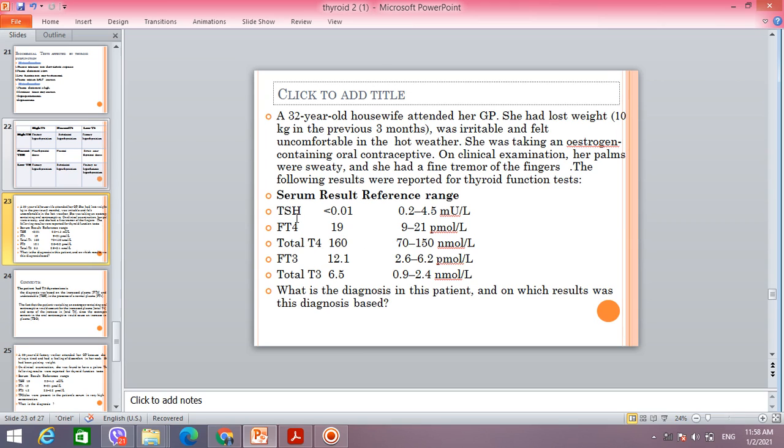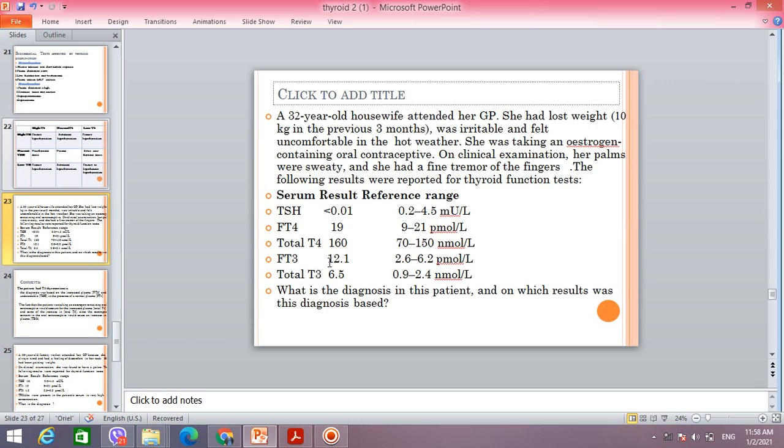The TSH was less than 0.01, where the normal was less than 0.02, so nearly it is undetectable or very low. While the free T4 is 19, the normal range is 9 to 21, so it is within the normal range. The total T4 is 160, where the normal is up to 150 nanomole per liter, so it's slightly elevated.